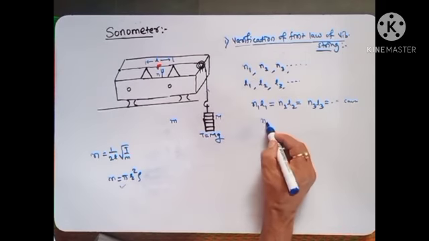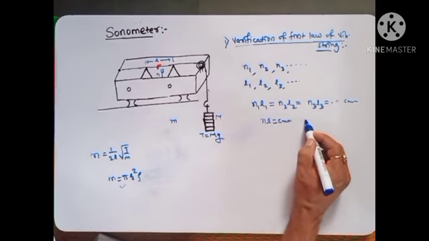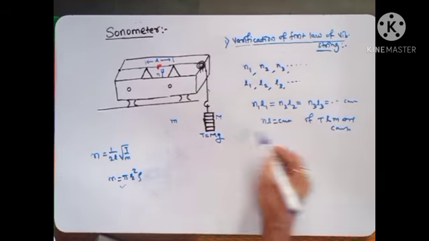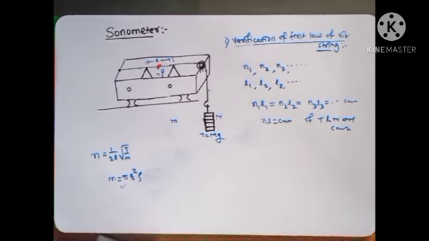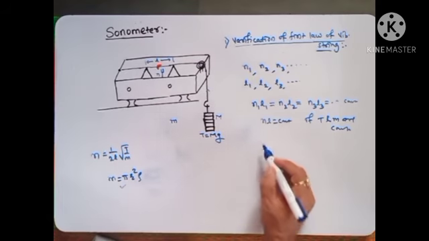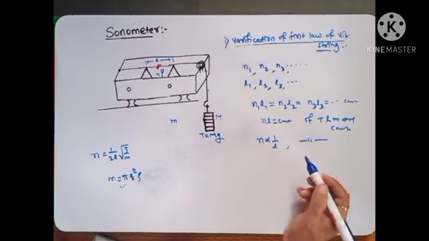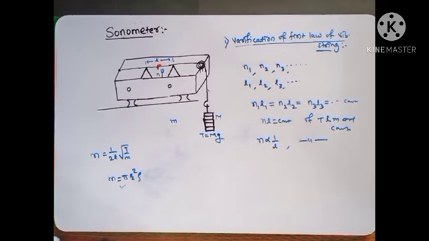That means NL equal to constant if T and m are constant. Here you put mass attached to the wire to be constant and m also constant, and therefore N proportional to 1 upon L if T and m are constant. In this way, first law of vibrating string can be verified.